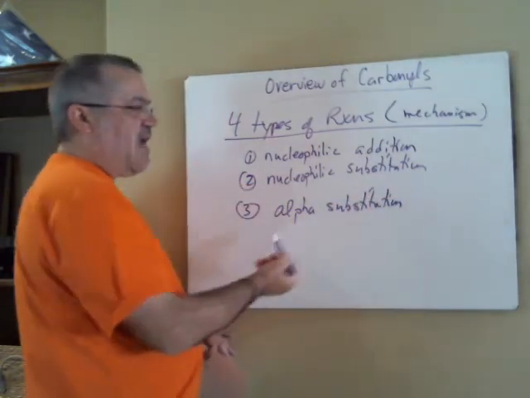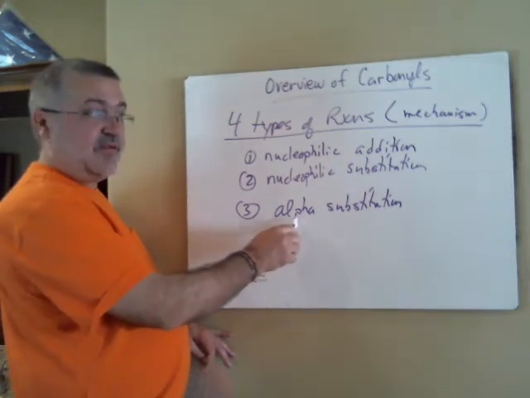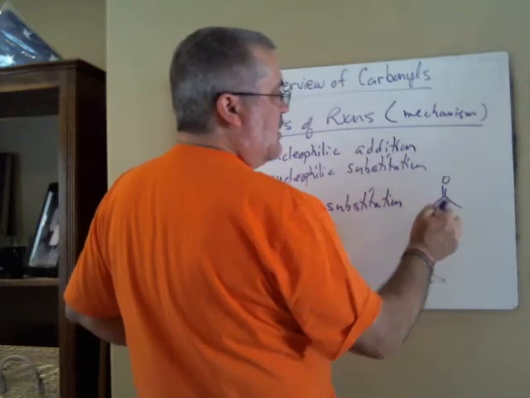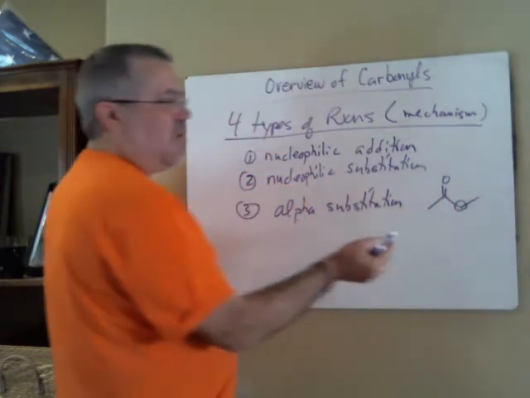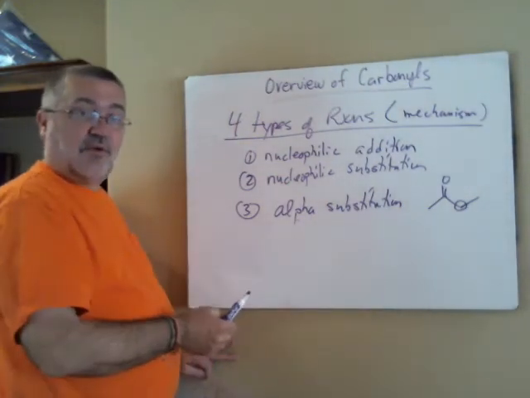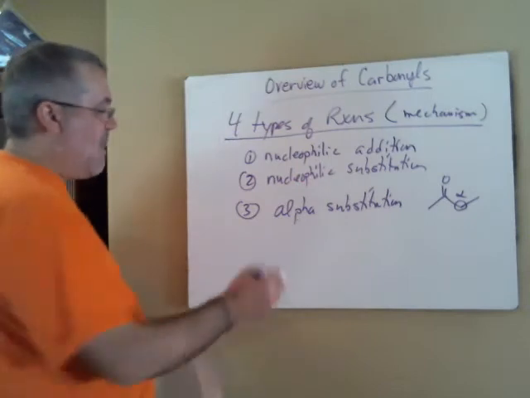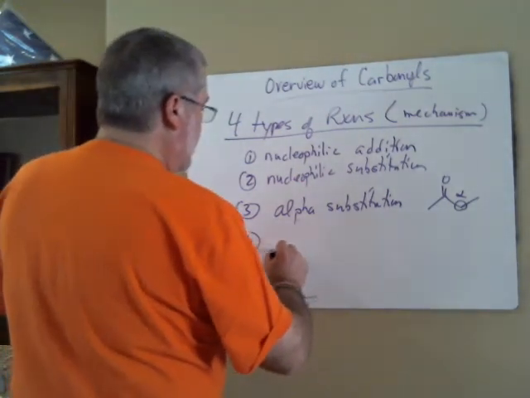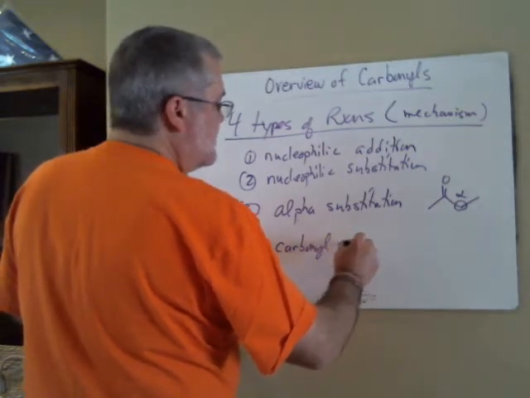And that is a reaction that's not occurring directly on the carbonyl, but it's occurring in the alpha position. So remember, when we get to that, what we're going to see is, instead of reacting at the carbonyl, an alpha substitution is a reaction that's occurring once removed from the carbonyl, which we call the alpha position. And then the fourth type is carbonyl condensation.